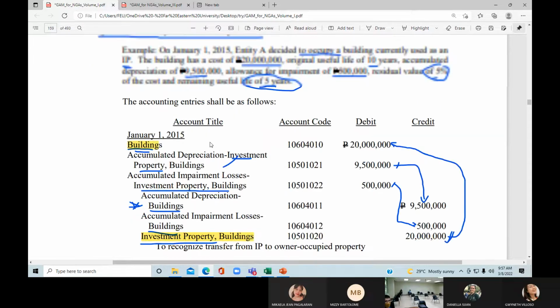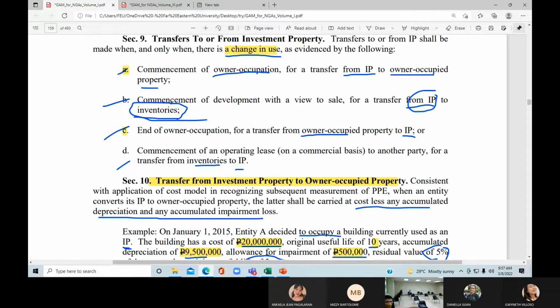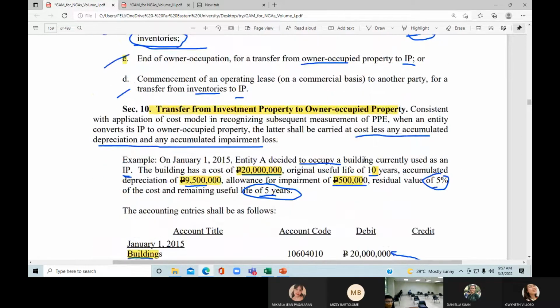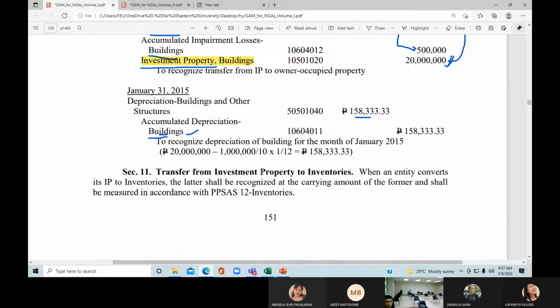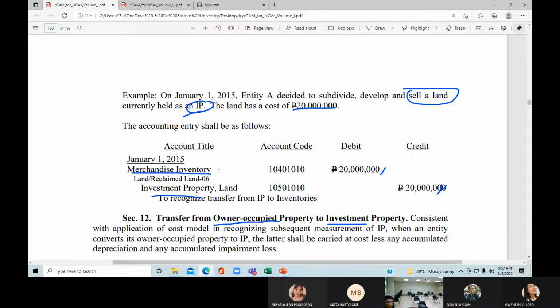Okay. Next natin, transfer from investment property to inventories naman. For example, yun yan, commencement of development with a view to sale. So ito dating investment property, gagawing inventories. For example, on January 1, 2015, Entity A decided to subdivide, develop, and sell the land currently held as an investment property. So lilipat mo lang.